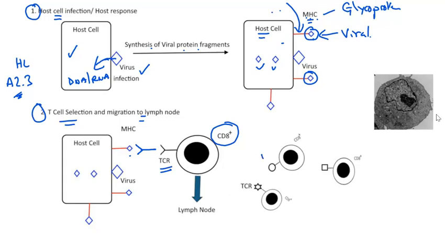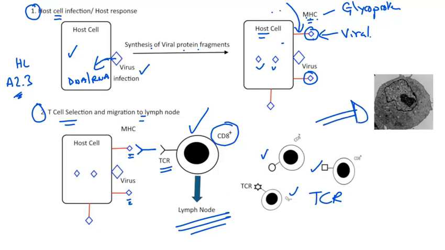Notice that these T cells have very different T cell receptors, and they don't correspond to this particular virus. And so this particular cell has been selected, and it has become activated to now travel back to the lymph node. And this is actually an image of a real T cell in this initial stage.